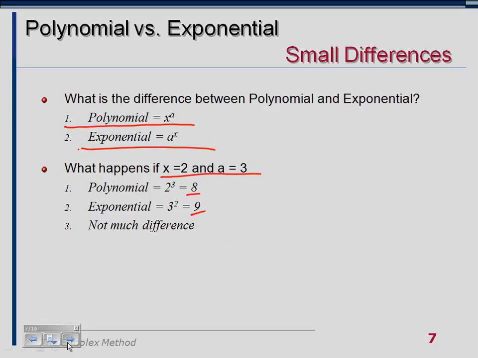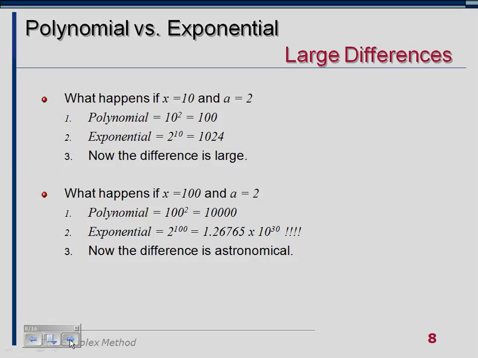Now your polynomial is 100, exponential is 1024. So the difference is large, an order of magnitude, a factor of 10. Well, still not that big a deal in terms of computers, though. Now, if you let x be 100 and a be 2, 100 squared is 10,000. 2 to the 100 is 1.26 times 10 to the 30th power.